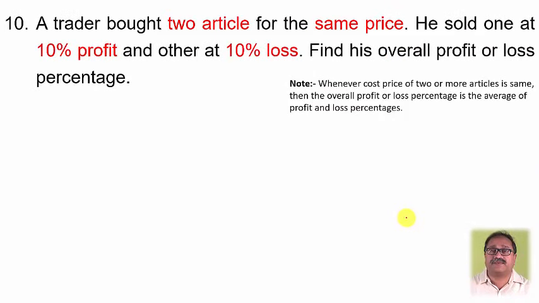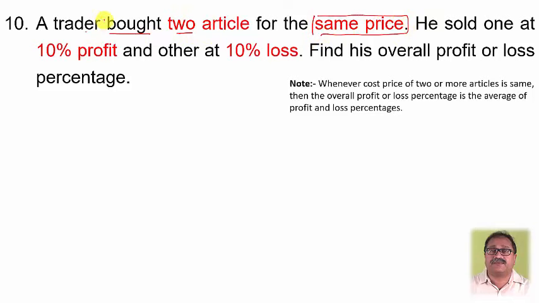Now the last question of this video. Question number 10. A trader bought two articles for the same price. He sold one at 10% profit and other at 10% loss. Find his overall profit or loss percentage. Did you observe that the cost price of the two articles is same?